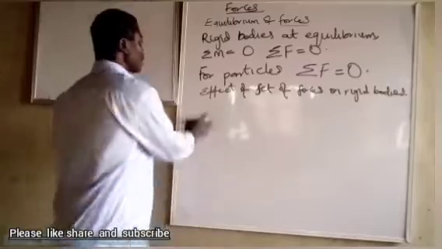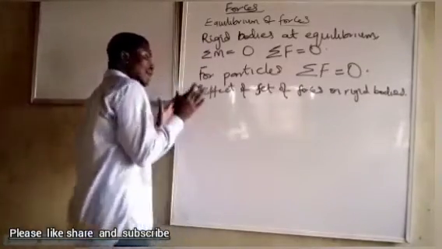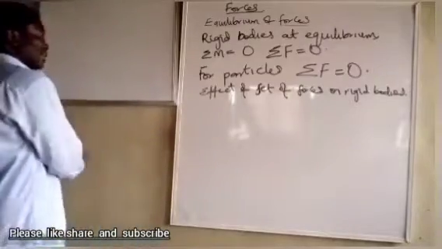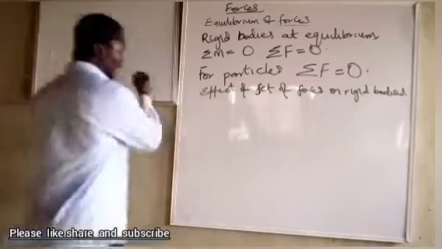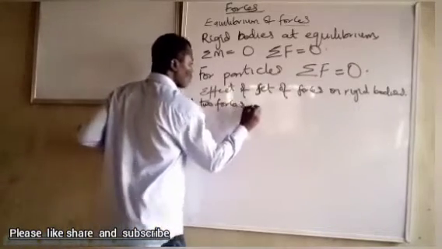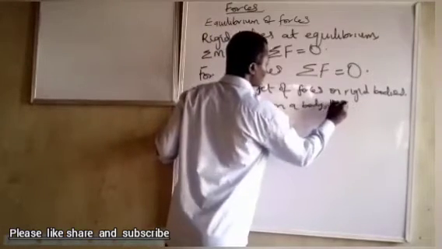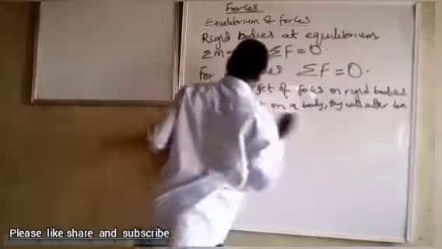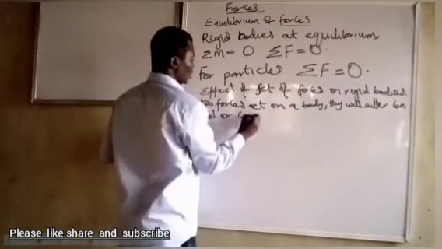So, if two forces act on a rigid body, they must either be parallel, just like we said the other time, or they must be concurrent. They will either be parallel or concurrent.